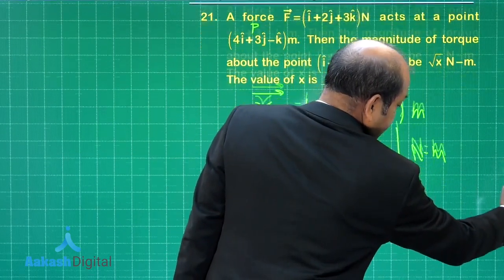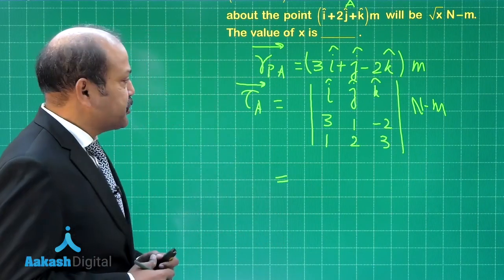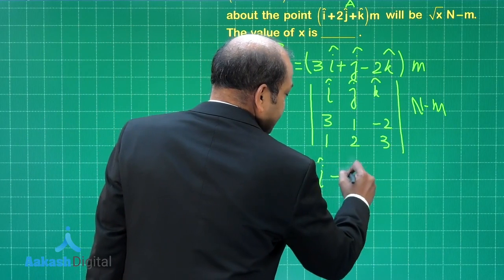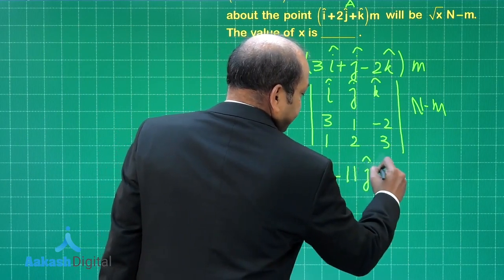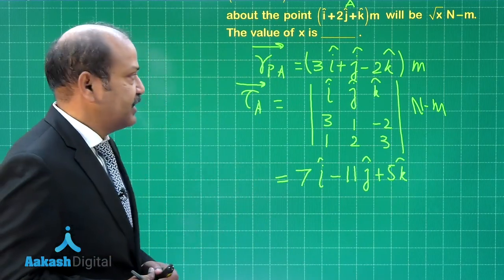So, we need to simplify this, and this on computing comes out as 7 i cap minus 11 j cap plus 5 k cap. Of course, the unit is Newton meter.